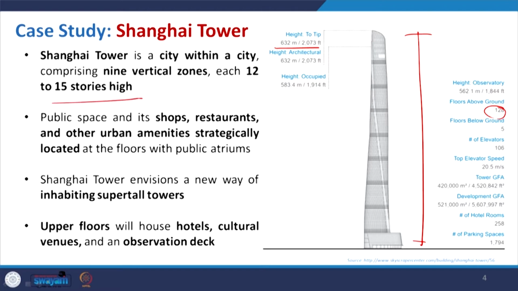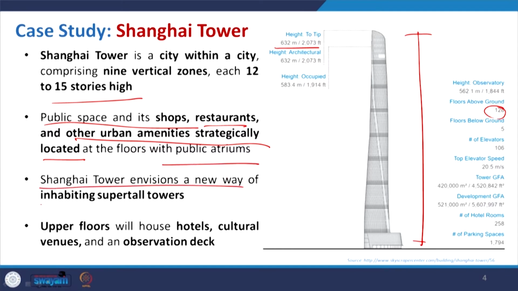Some of them are hotels, restaurants, shops, and some are hotel rooms for residential purposes. Public spaces and shops, restaurants and other urban amenities are strategically located at floors with public atriums, and normally they are open for all.